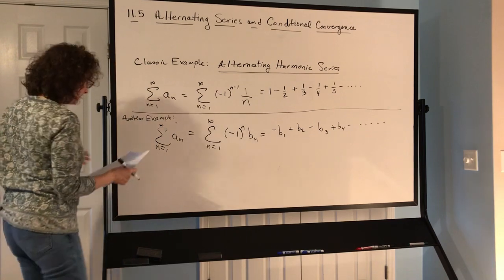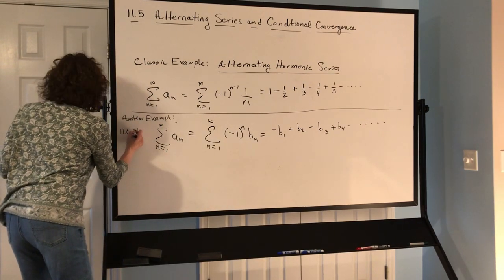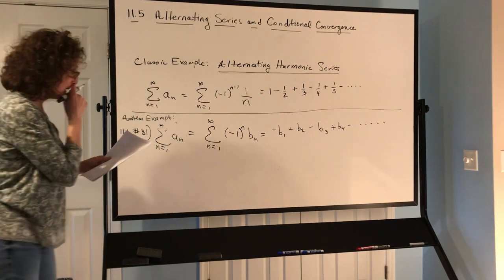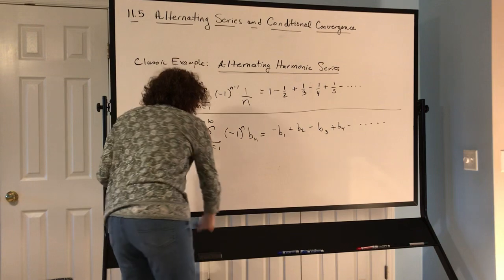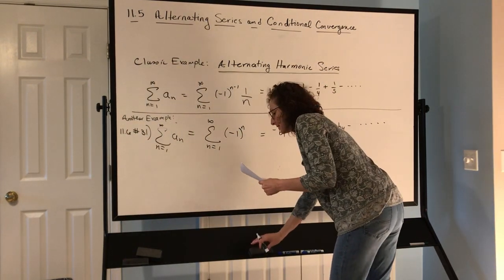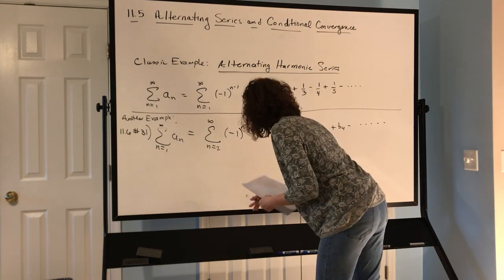Another example is 11.6, number 31. Let's look at that one. That is minus 1 to the n divided by natural log of n, and this one actually is going to start counting at n equals 2.